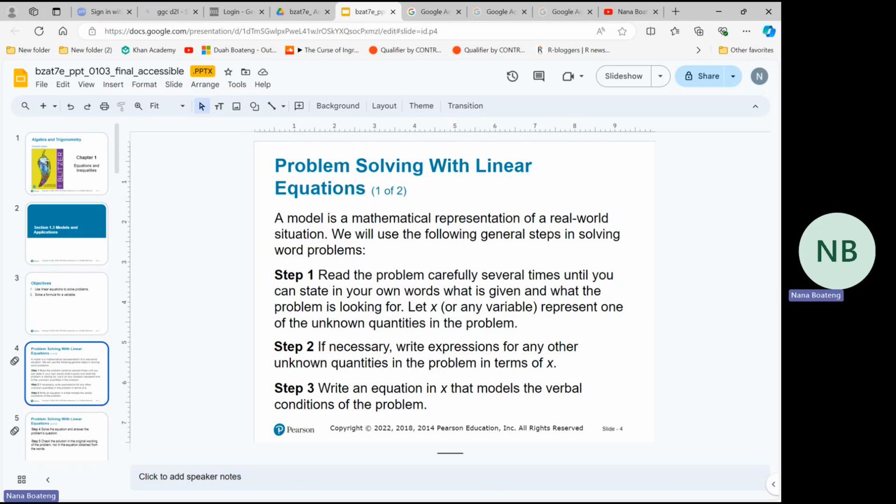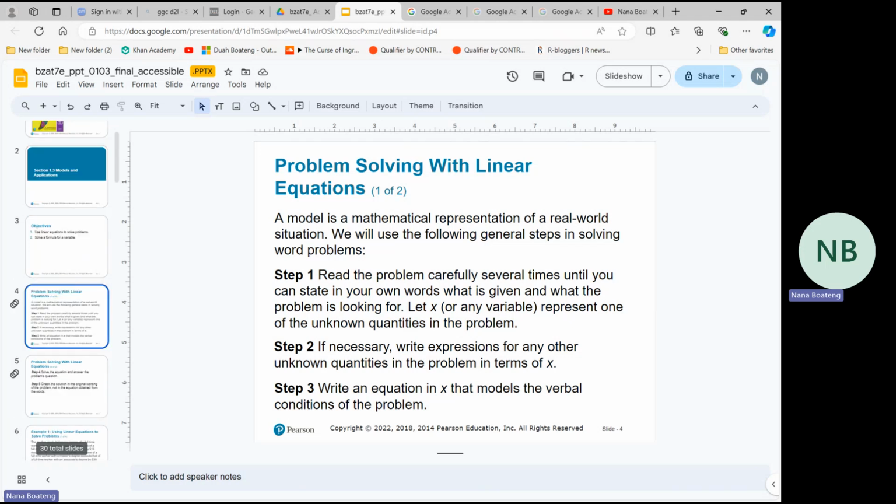If necessary, we should write down the expressions of all the unknown quantities in the problem in terms of x, and write an equation in x that models the verbal conditions. The x is just a variable, and you could easily represent x by any other variable.